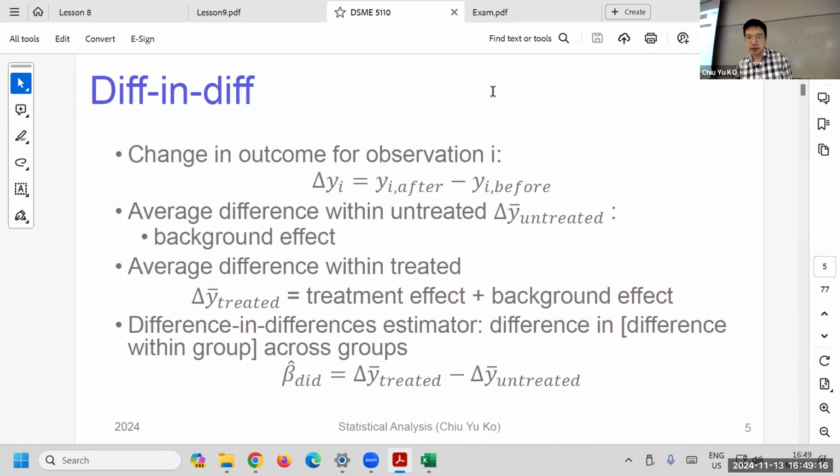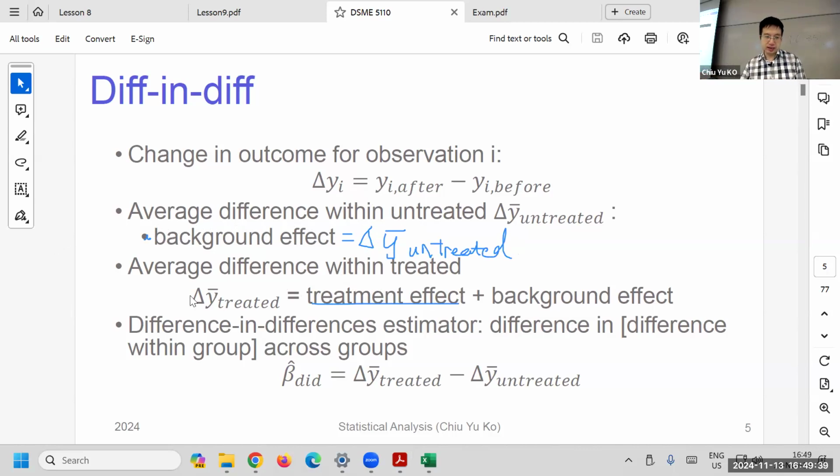Maybe I just write that here. This is equal to the difference in y treated minus the difference in y untreated. So you take the difference between the two, and you're left with the treatment effect. Is that clear? So that's the idea there.